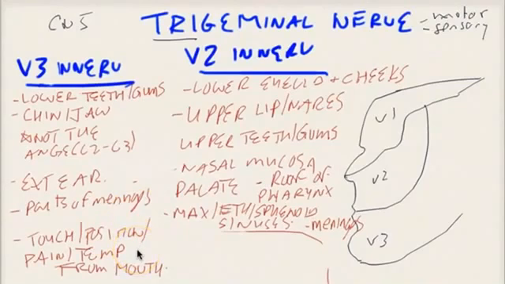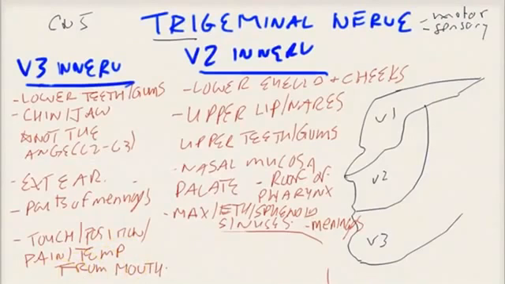Now, moving on to the motor branches, these come from the mandibular nerve. So, fibers originate in the motor nucleus of the 5th cranial nerve. This is near the main trigeminal nucleus in the pons. And the motor nerves are going to control movement of 8 muscles, which include 4 for mastication.